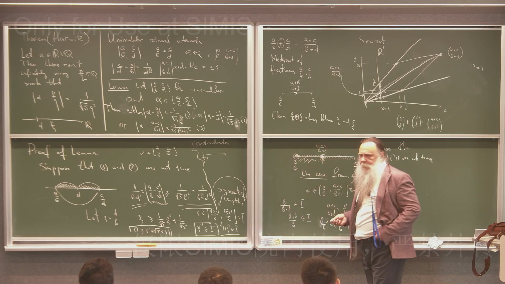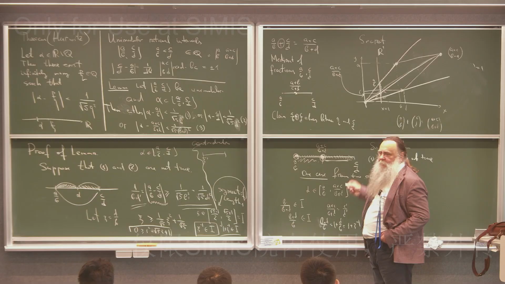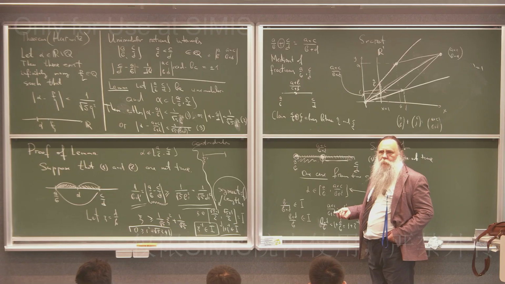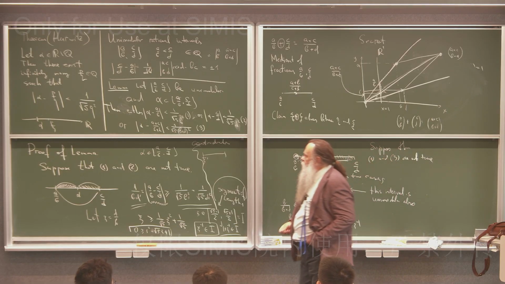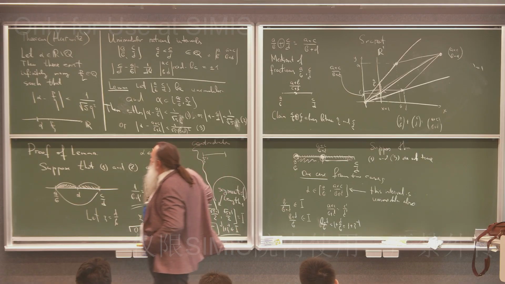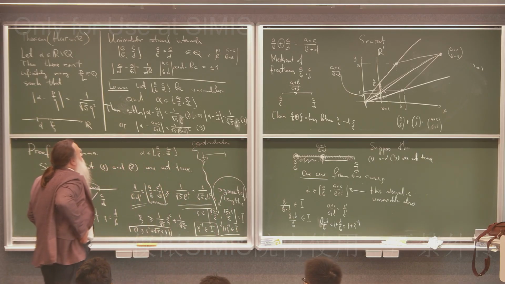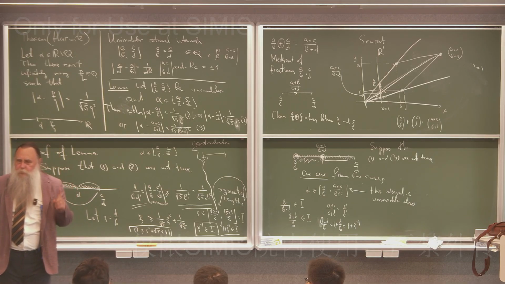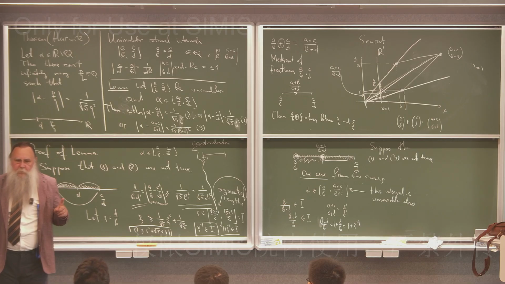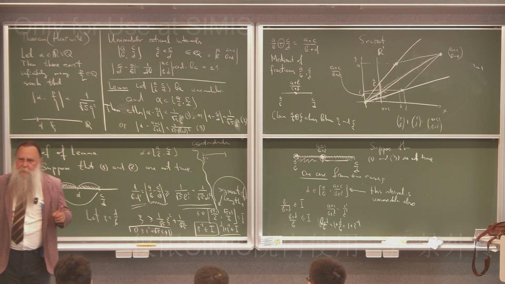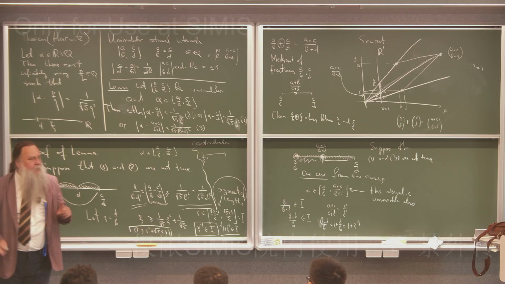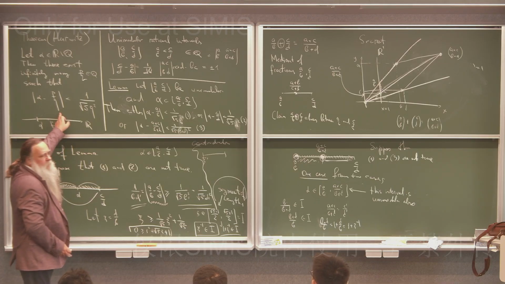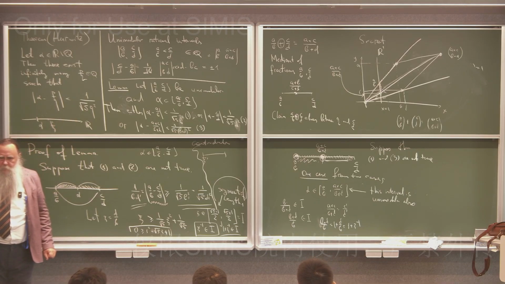But it doesn't matter. For the other interval, everything will be the same. So the lemma is proved. So we see that if alpha belongs to an unimodular interval, this unimodular interval immediately generates the proper approximation with square root of 5.